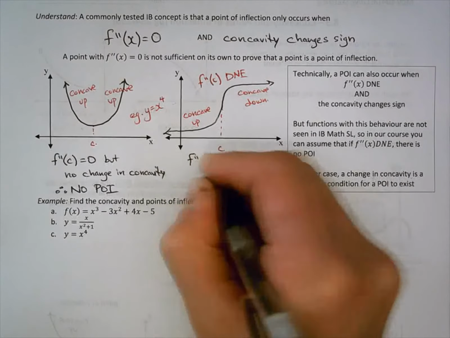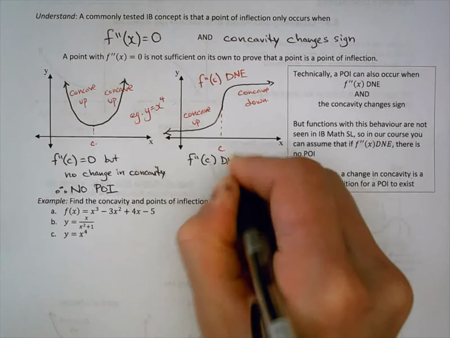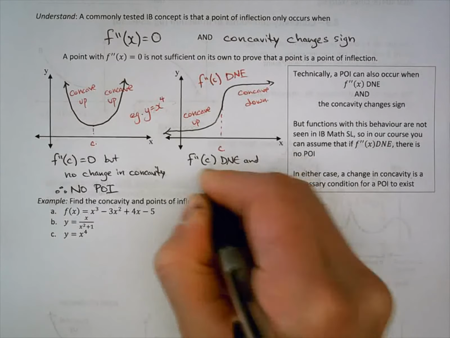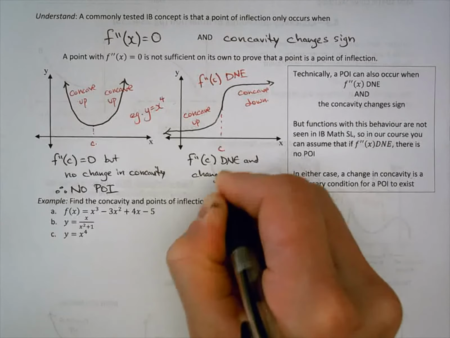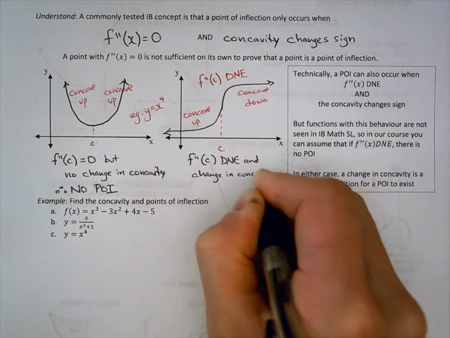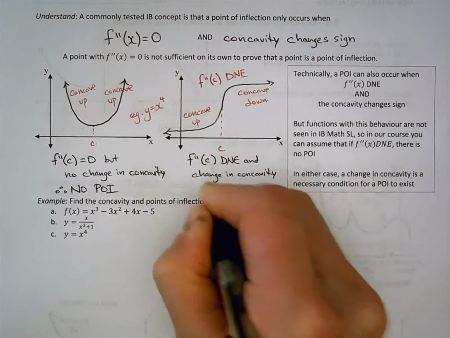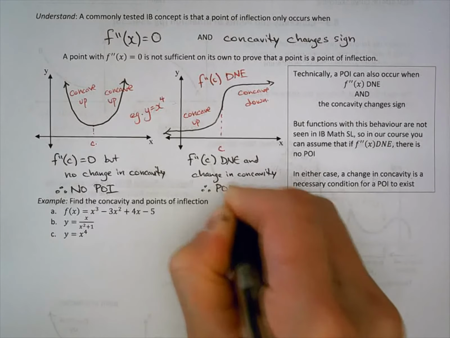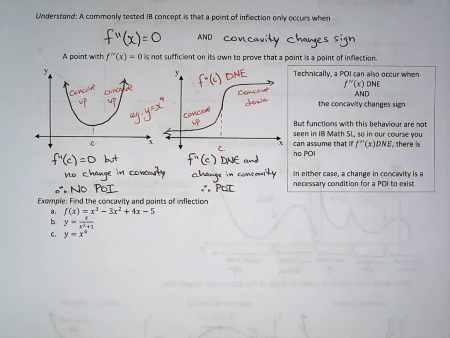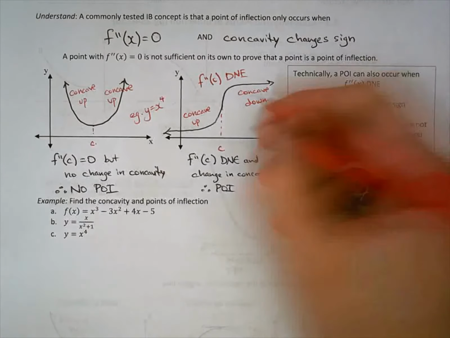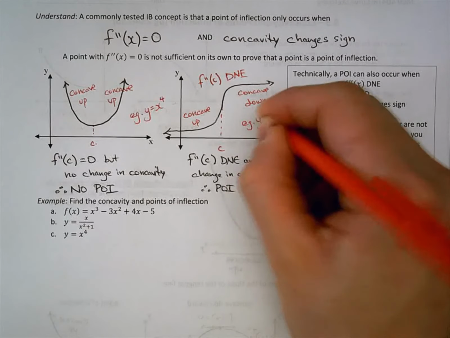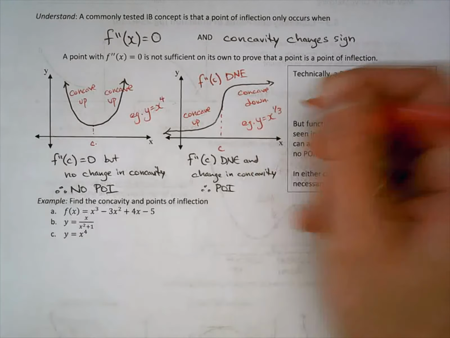So f double prime at c does not exist, and change in concavity happens. So therefore, POI. An example of this would be y equals x to the 3rd.